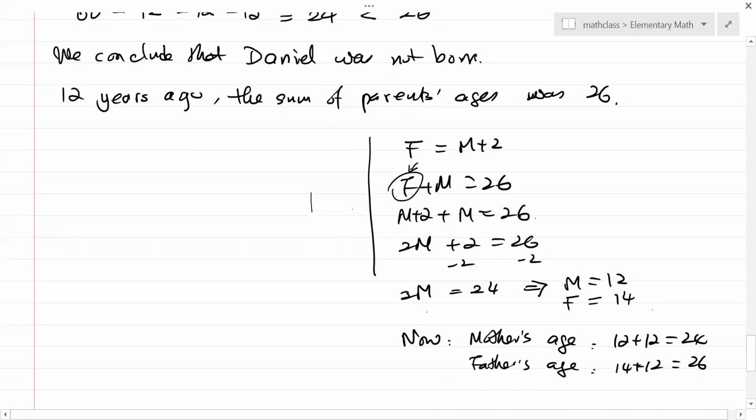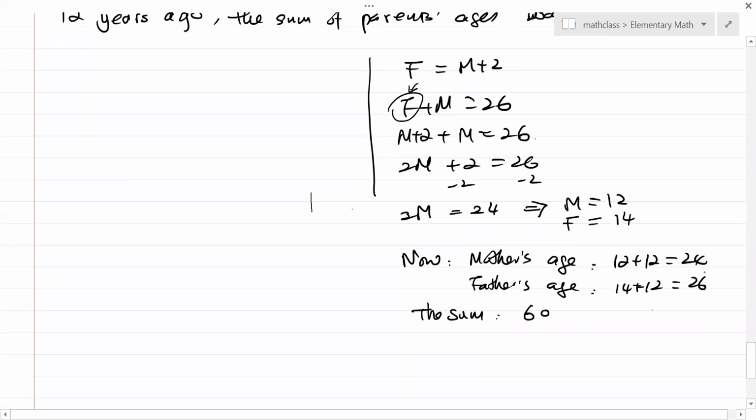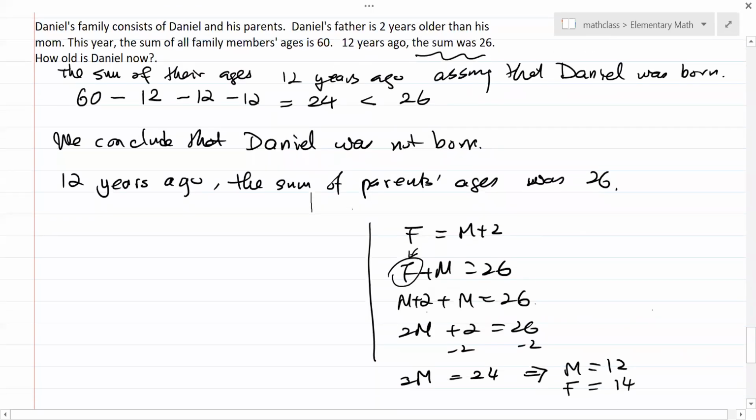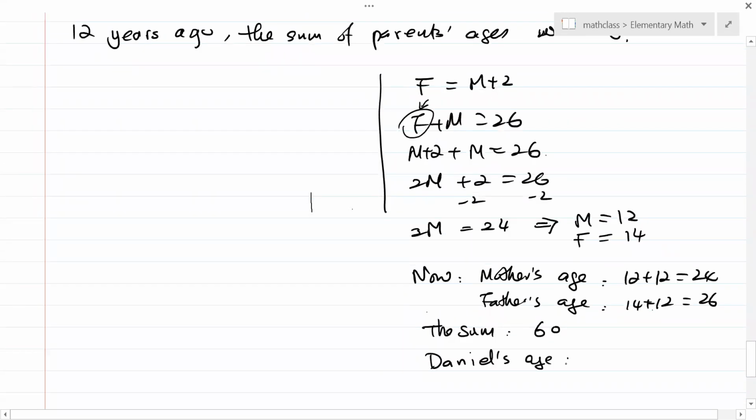So the sum of the ages is going to be 60, but father's and mother's age added together is 50. So that's why Daniel's age is going to be 60 minus father's age minus mother's age, which is 10.